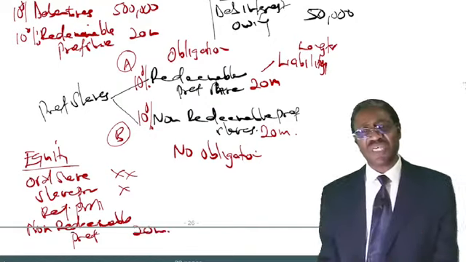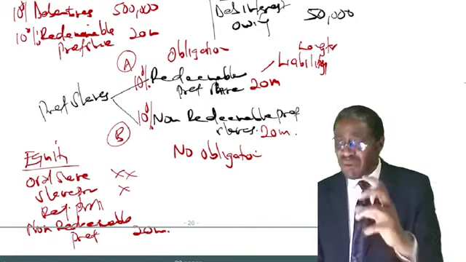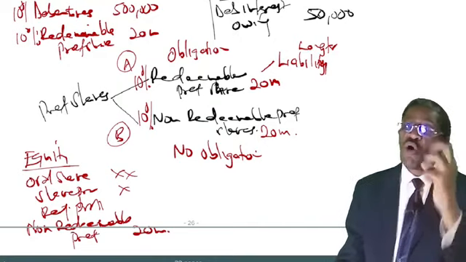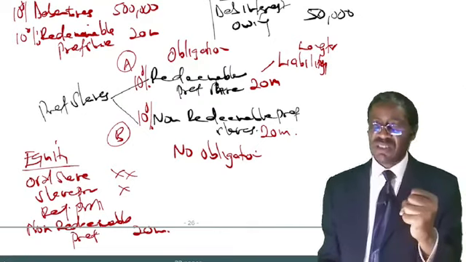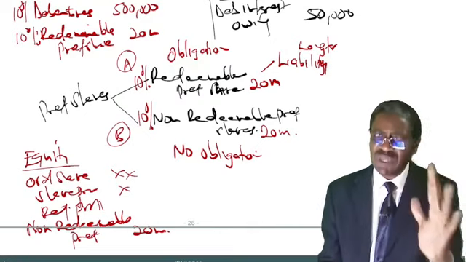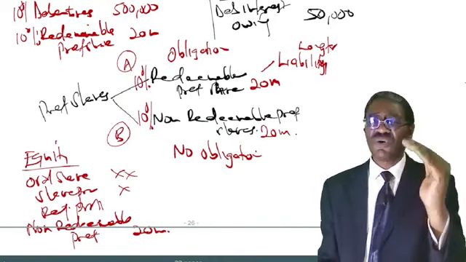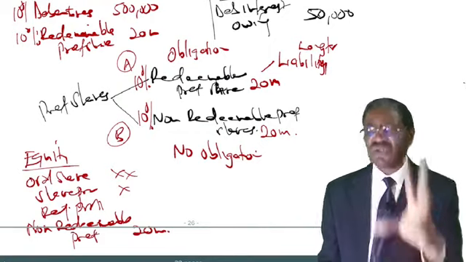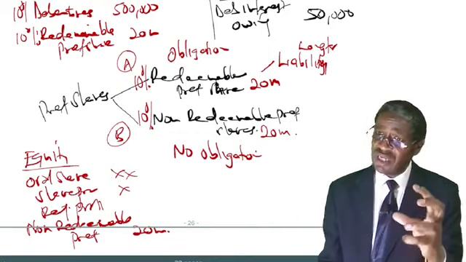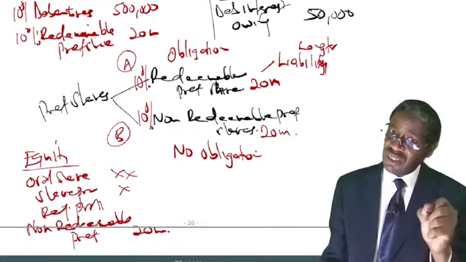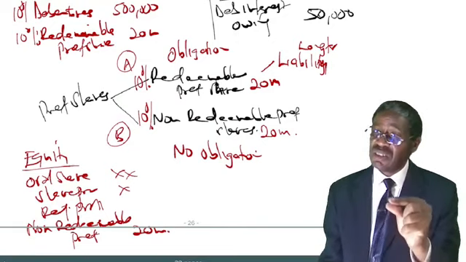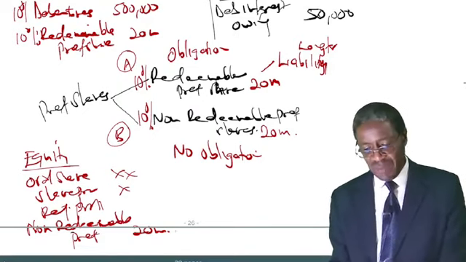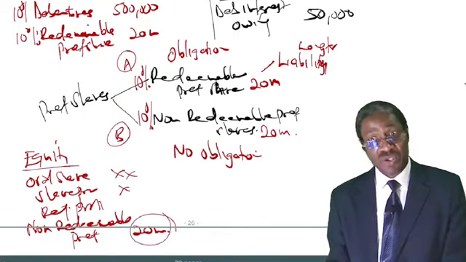In other words, non-redeemable preference shares are considered a component of equity, together with other forms of equity like share premium, share capital, maybe retained profit, revaluation reserve, general reserve. There you will have a 10% non-redeemable preference shares amounting to 20. So, listen.